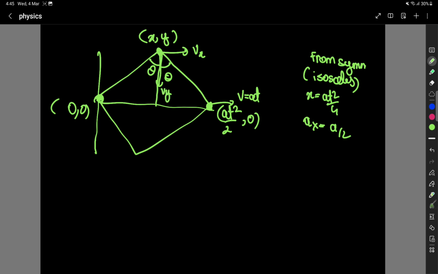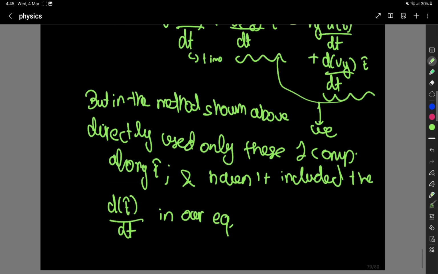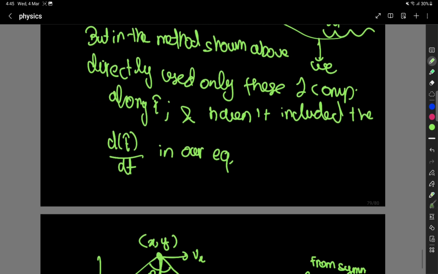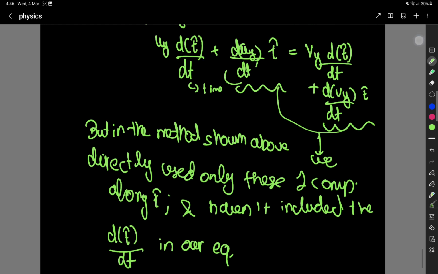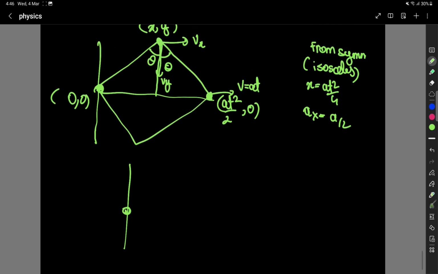Now we can apply the rigid body constraints. The main problem, and also another problem that we had in this method, was we applied the rigid body constraint, but we did not include these components. That was the problem over that, but here we'll take care of those things.